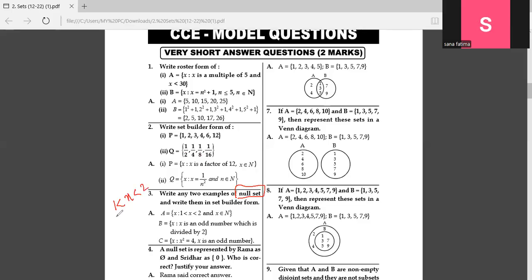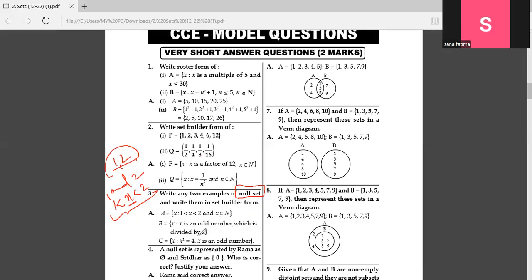First of all, how do you read this? You'll read this as x lies between 1 and 2. Do you have any natural number between 1 and 2? No, we don't have any natural number. Therefore, this is an empty set. Just an empty set you have to write.